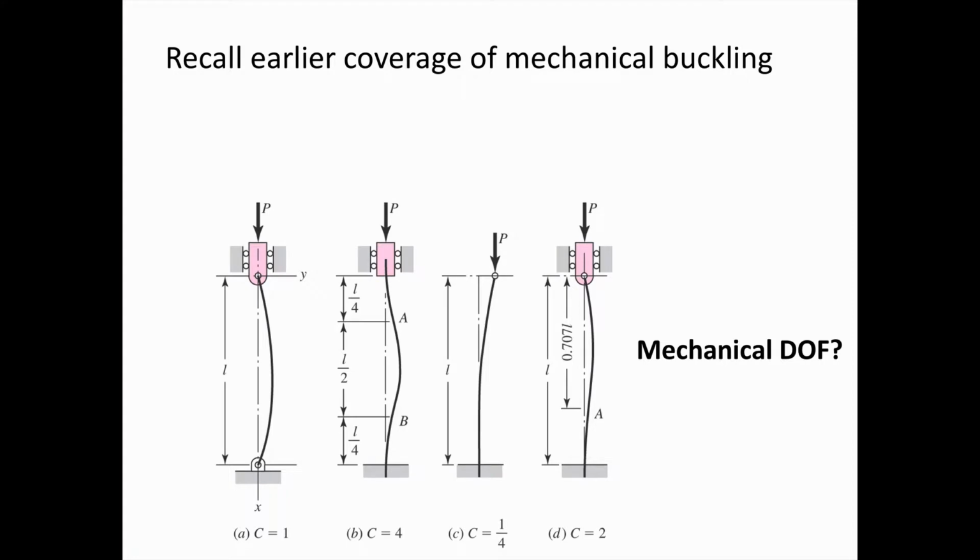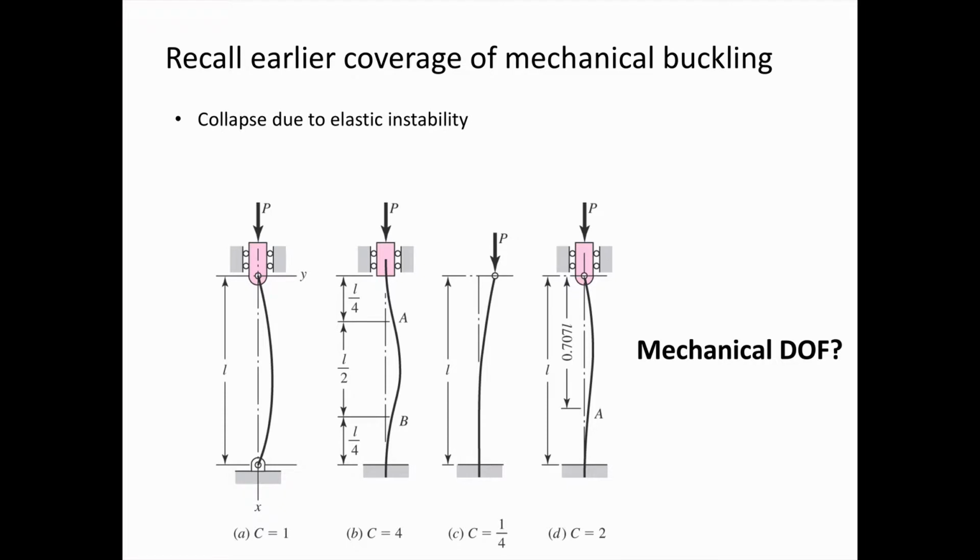Okay, now let's look at nonlinear force deflection models. Now, thinking way back to the beginning of the semester, we covered this topic of buckling of columns in compression. We looked at different boundary conditions. We looked at, well, how many degrees of freedom does the system have?